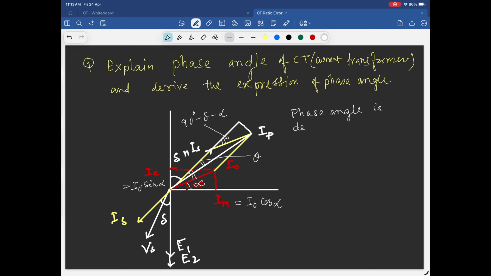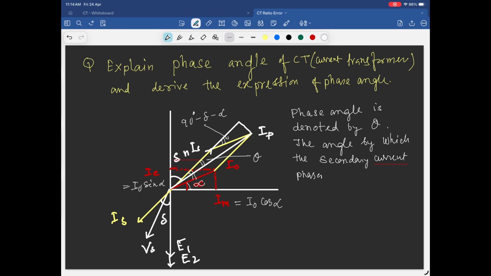And the angle between NIS and IP is theta. So this is the phase angle, denoted by theta. And what is the definition?